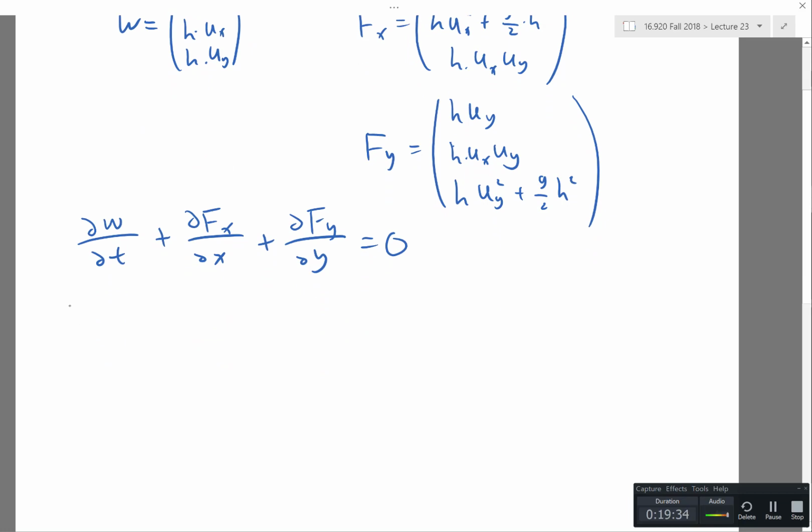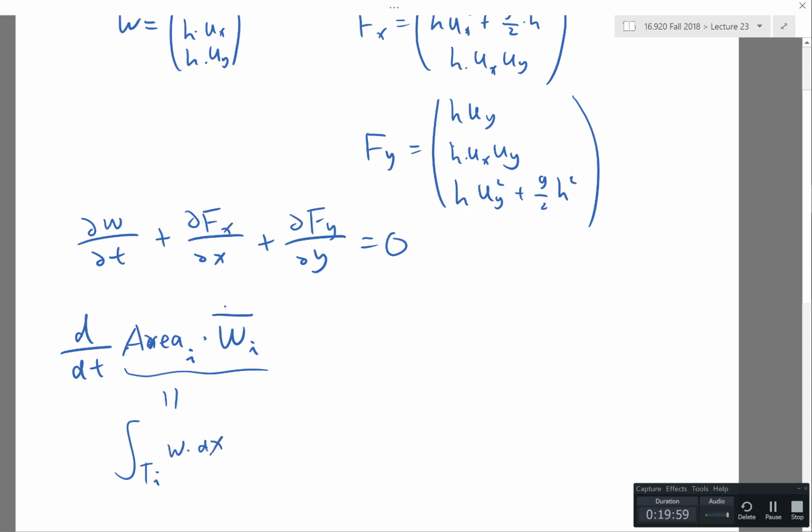So converted into a finite volume scheme, we have the time derivative of the area of triangle I times Wi, which is a cell average. So this is equal to the integral over triangle I, right? W times dx. Okay, and then plus a summation of j within the neighbor of I, the flux.